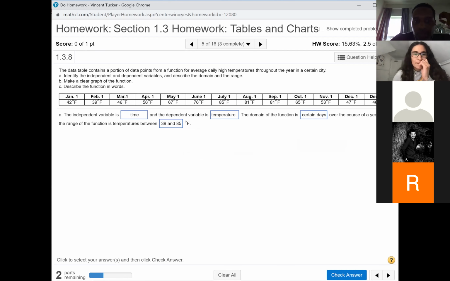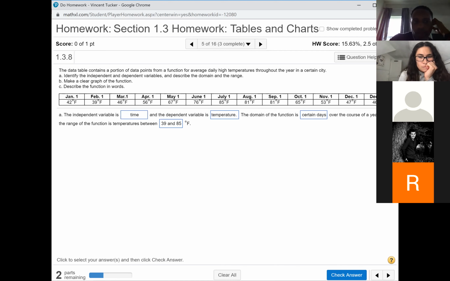Your independent variable is going to be your time. That's the one that's up here, January, February, March. Temperature is going to be the dependent variable. So in other words, January 1st, my temperature is what? Because it's February, temperature is what? Because of March, and so on. And then the domain would be, I'm seeing certain days here, not all days, because I see January 1st, February 1st, March 1st.